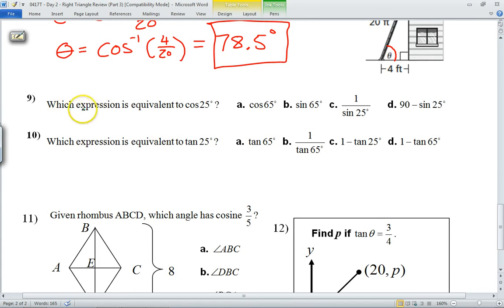Okay, look at problem number 9. Which expression is equivalent to cosine 25? Let's see. Cosine 65. Well, let's play around with this a little bit. If we have a right triangle, first of all, if one angle is 25 degrees, what's going to be the measure of the other angle?